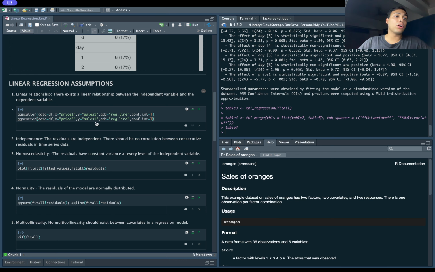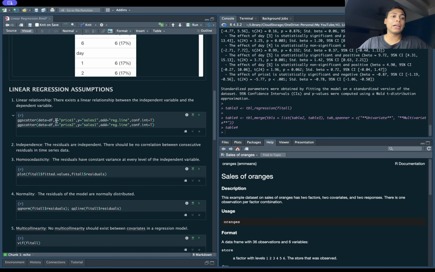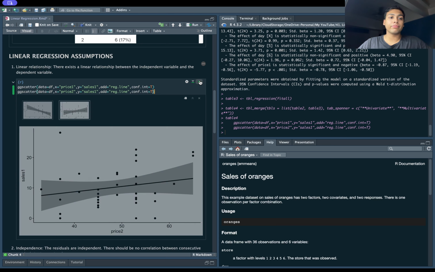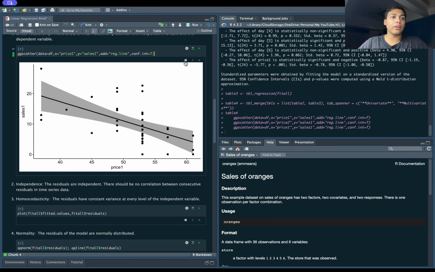And the ggstatsplot package. I'm sorry. The ggpubr package provides the ggscatter function to do this. Just one line of code. So do this, and you can see. So, oh, we only want price 1.